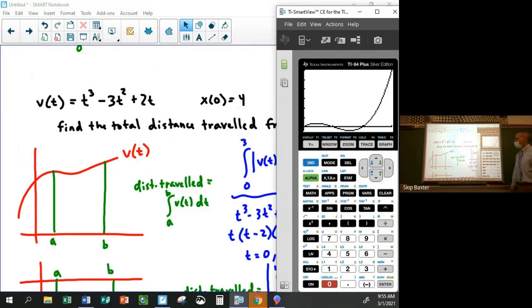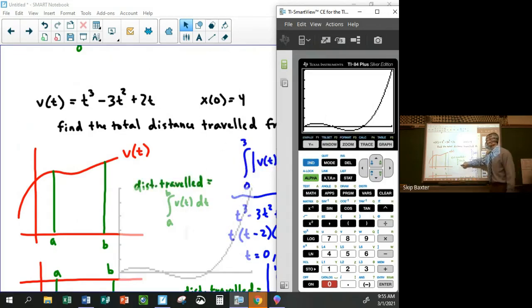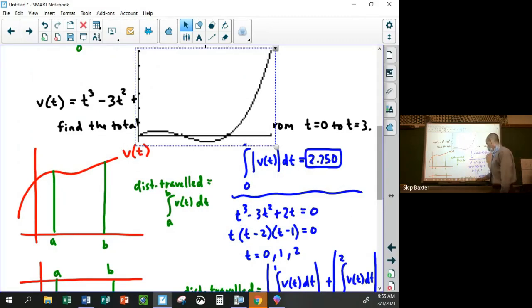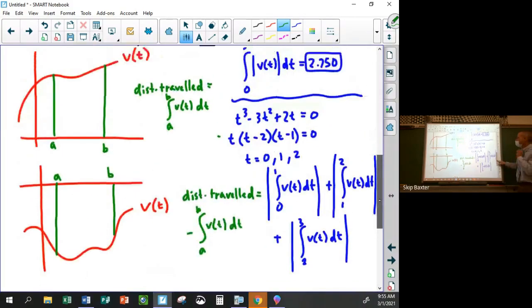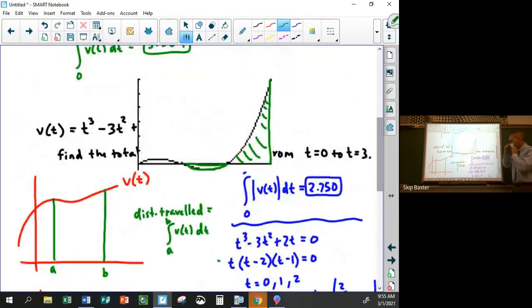That's why you get an answer that's close but not exact, because this stuff right here in area is much larger than this little piece right here. So the answer isn't too far off, but it's definitely not right. That 2.25 is the displacement. Correct.